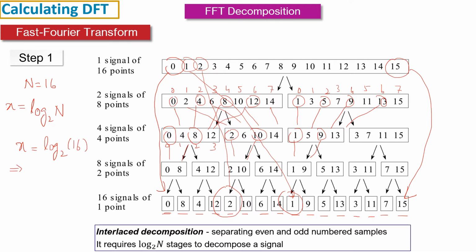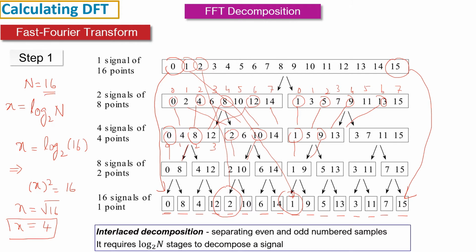So here we can write it like this: 2 raised to the power x is equal to 16. Well, then what raised to the power x will be 16. So we take square root on both sides. It is equal to 4, right? So 4 stages must be involved in decomposition of a signal with N points, 16 points, to 1 point signals.